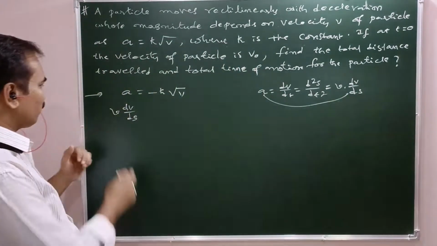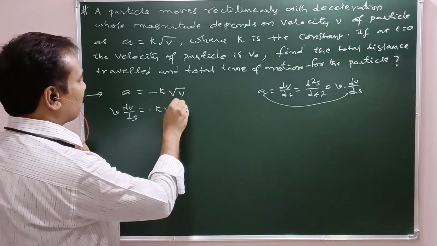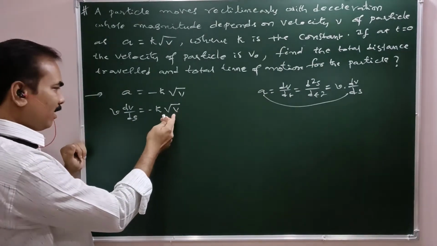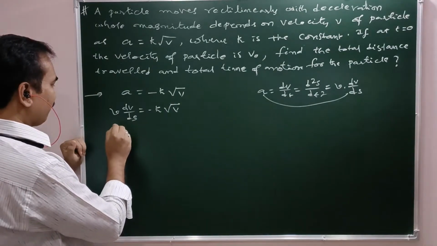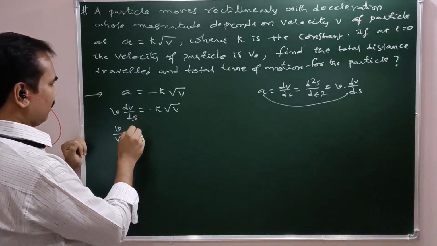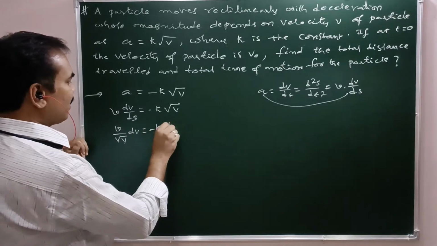So replace: v dv/ds = -k root v. Now carry this root v to the LHS, that is v/root v dv = -k ds.